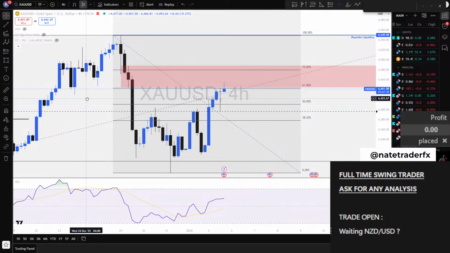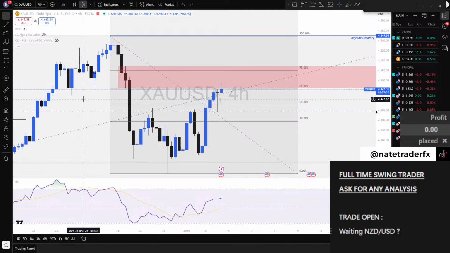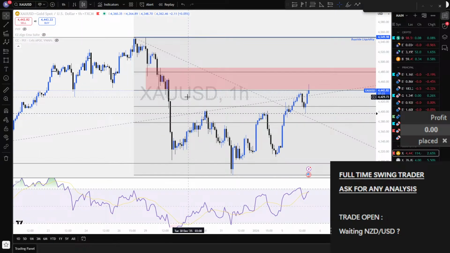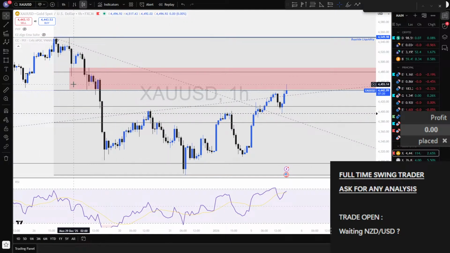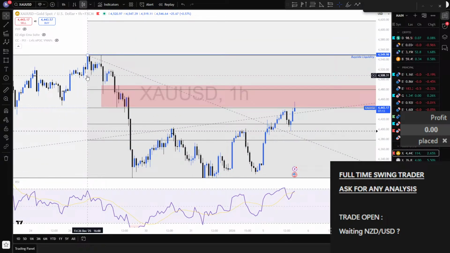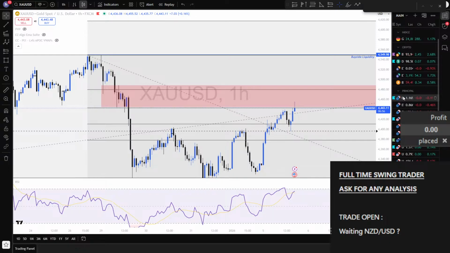Gold is time to go bearish. I don't have a favorite asset, to be honest. Well, I like the most popular ones, you know, USD pairs: USD CAD, USD JPY, Euro USD.